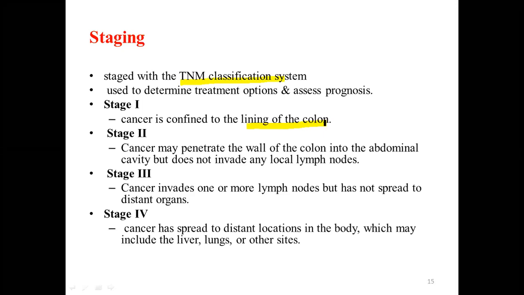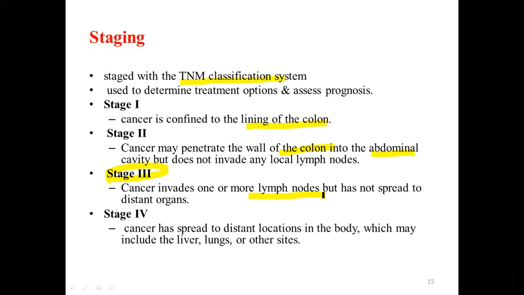Stage 2 can penetrate the wall of the colon into the abdominal cavity, but it does not invade any local lymph nodes. So lymph node involvement starts from stage 3. If there is one or more lymph node involvement, but not spread to a distant organ, that is when we say the patient has stage 3 cancer.